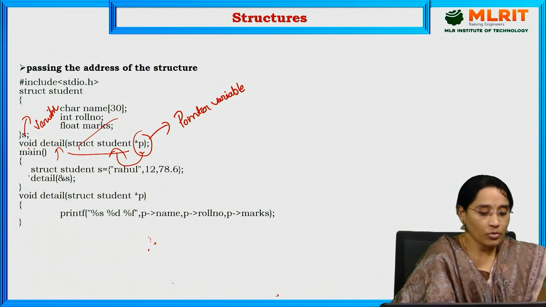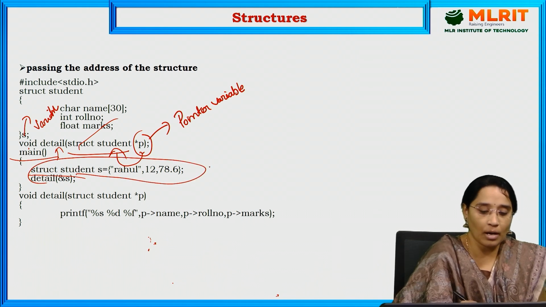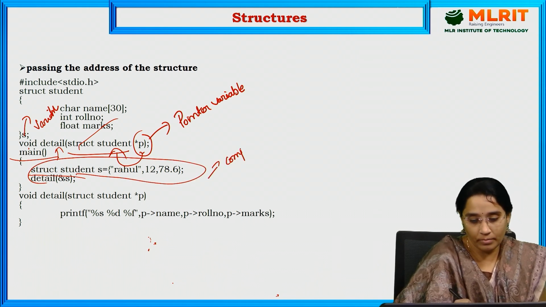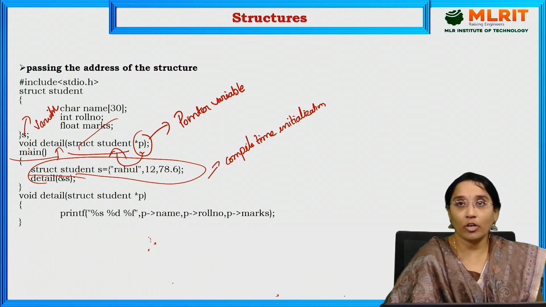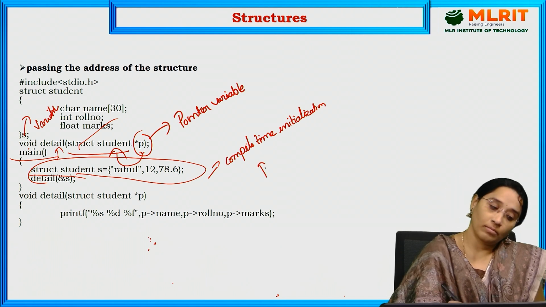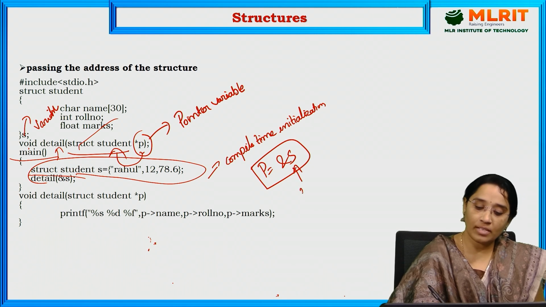Struct student is again initialized in the main section. So this is compile time initialization. Now, what is this variable? This is a structure variable.